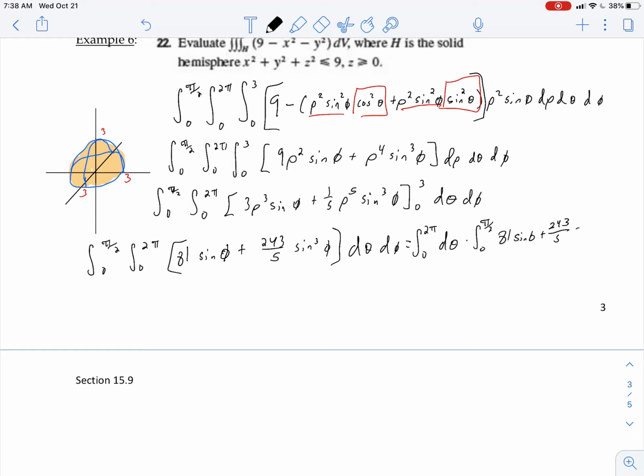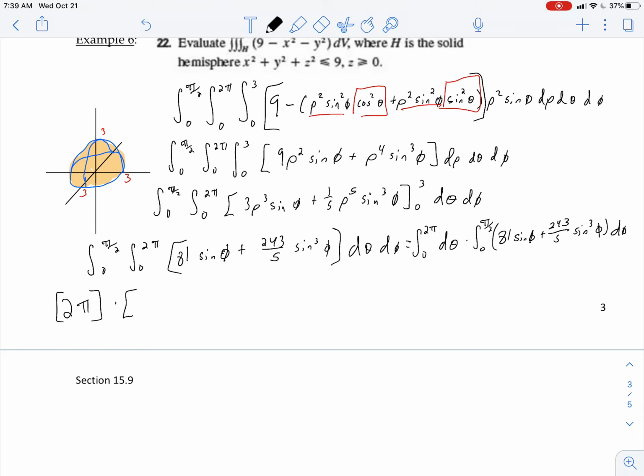And now all my phis. So 81 sine phi plus 243 over 5 sine cubed phi. These phis are killing me. d phi.